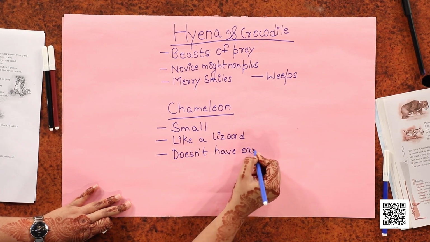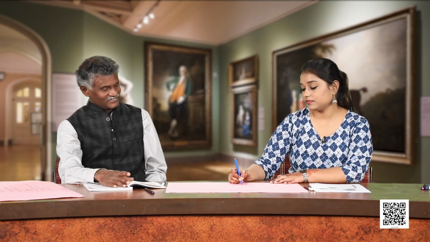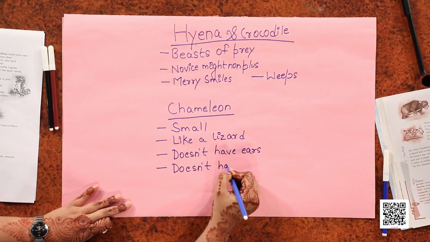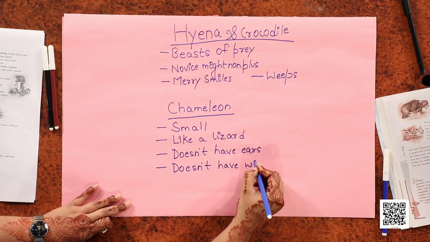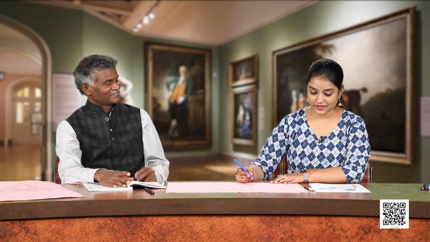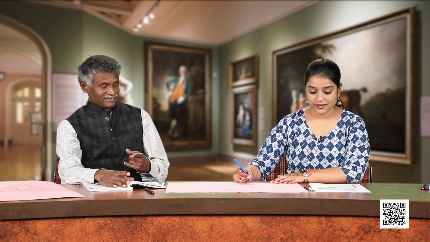It doesn't have wings. But it doesn't eat anybody. It eats insects, small animals, and reptiles maybe, I don't know. It may eat flies and all. But the poet doesn't say it.